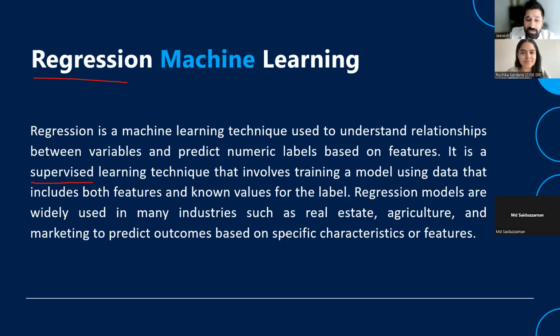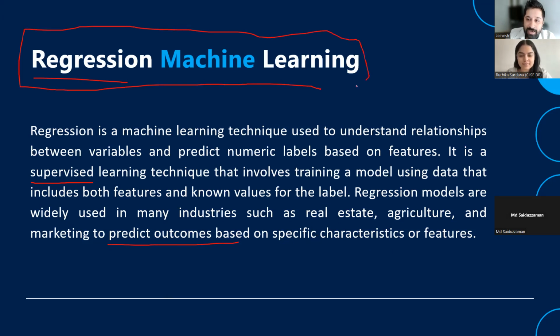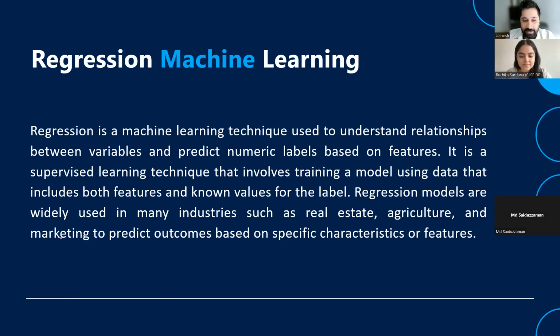Wherever you see a question in the exam where they're asking you to predict an outcome, that if this will happen or this will happen, you are looking at an example of regression machine learning. They would be asking you what comes inside regression, what comes inside the next category that we talk about. So wherever you see anything being predicted where you're trying to get something numeric, you are looking at regression.